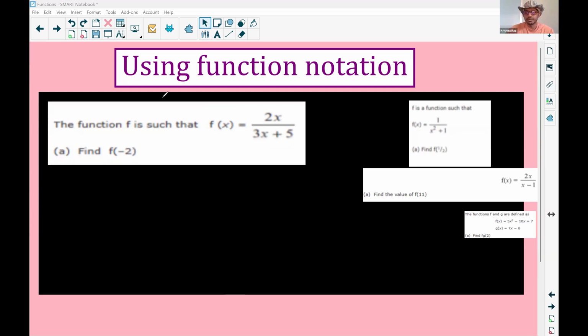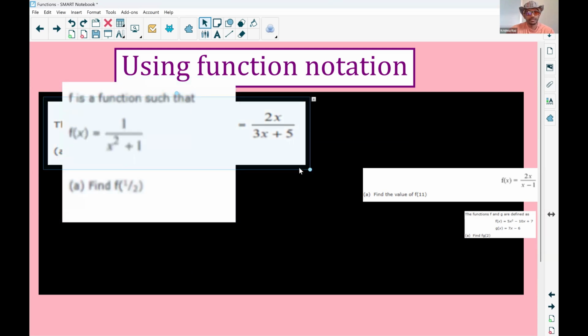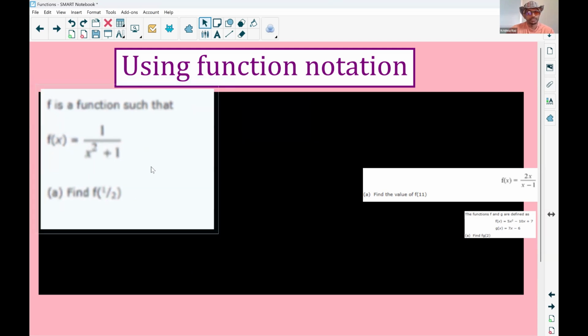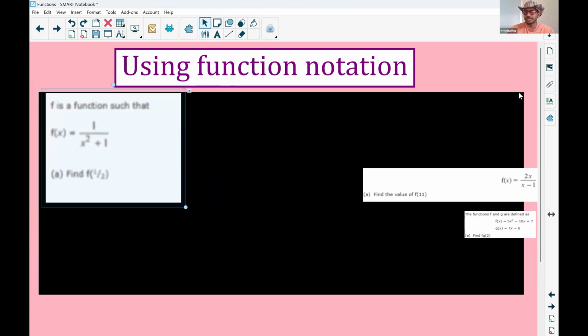Let's give the next one a go. So this time we have that f(x) equals 1 over x squared plus 1, and we want to find f(1/2). So f(1/2) equals 1 over (1/2) squared plus 1. So if you just bang that in your calculator, you're going to get the answer straight away.